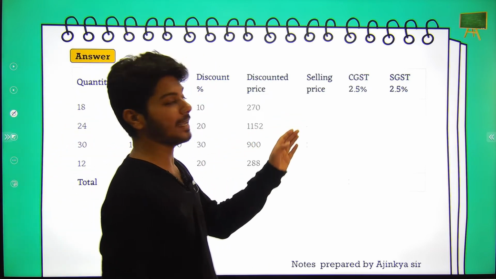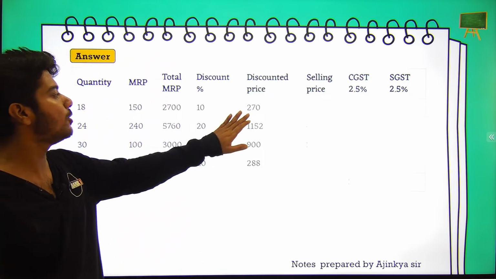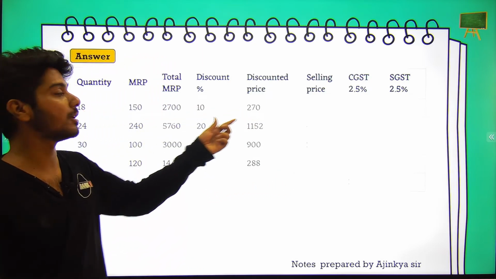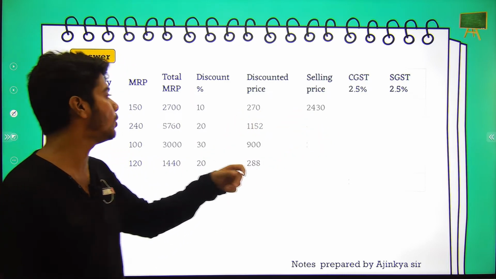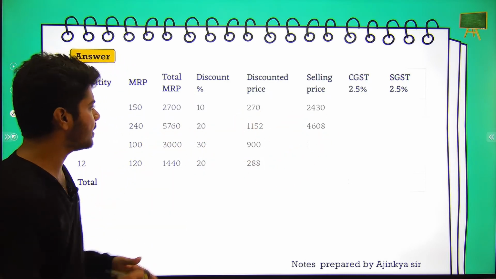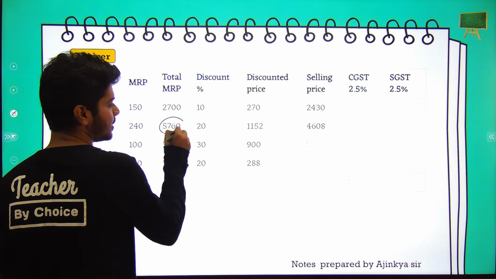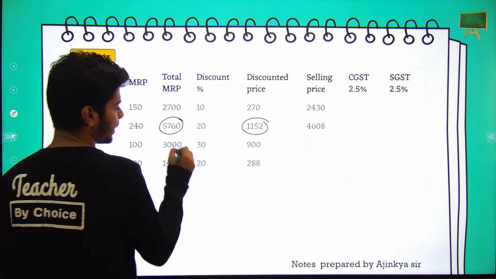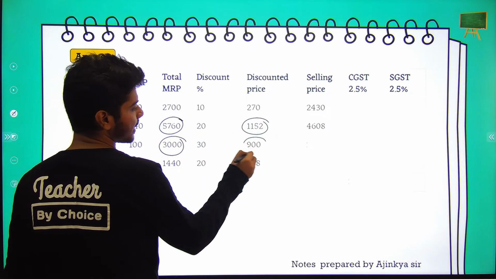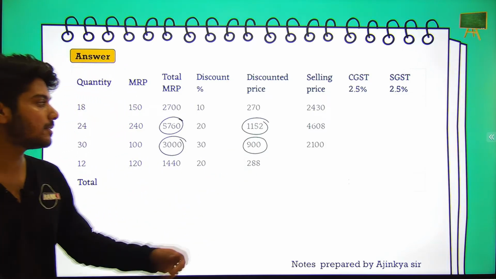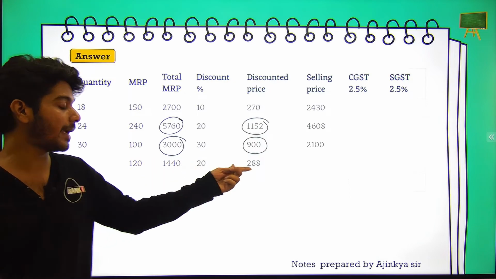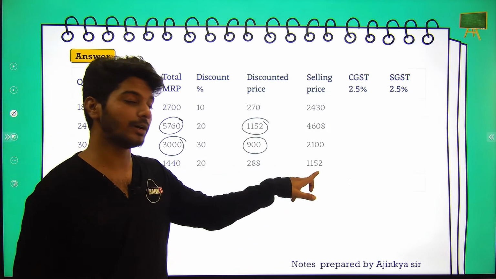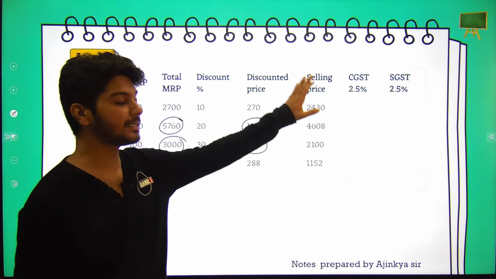Now let's see the selling price. Selling price would be total MRP minus 270. What will you get? 2430. I'm repeating, this minus this. Then 3000 minus 900. 1440 minus 288, you will get 1152. These are the selling prices.